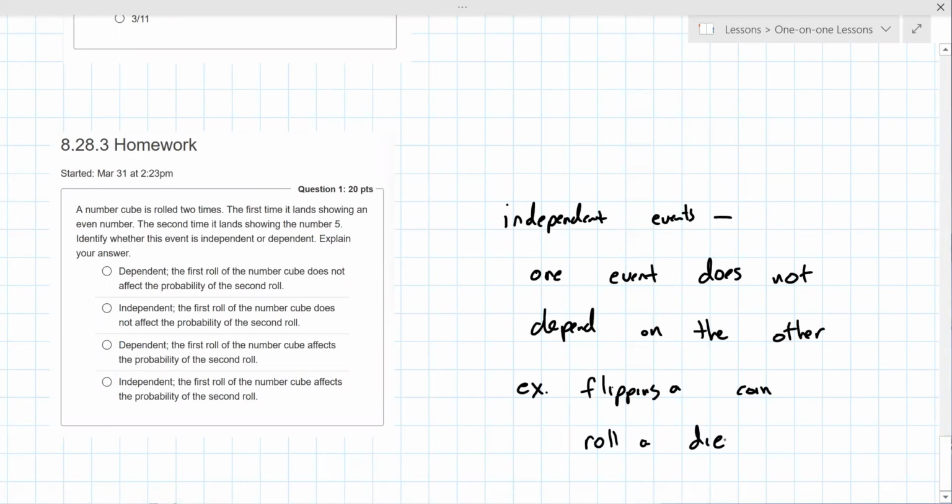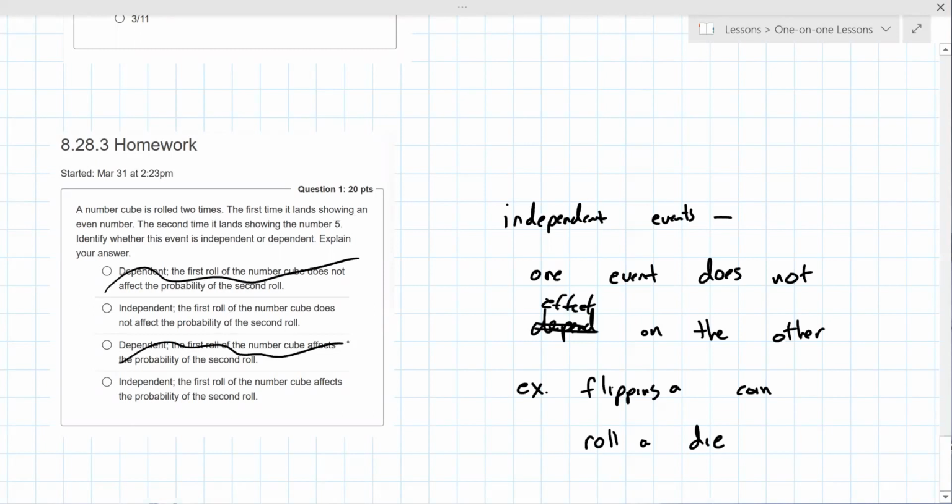If you roll a die, the outcome doesn't affect the next. If you get a 2 one time, you might get a 5 the next time. It doesn't matter. Independent means that one does not affect the other. Affect is probably a better word. So if you roll a cube, it's independent.